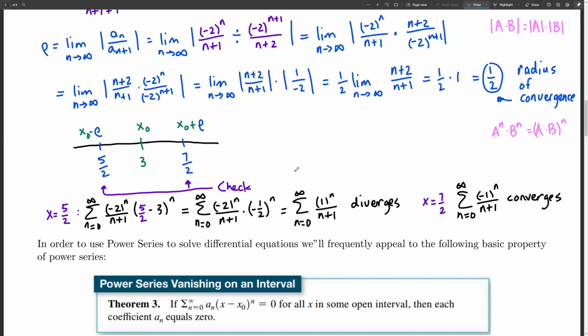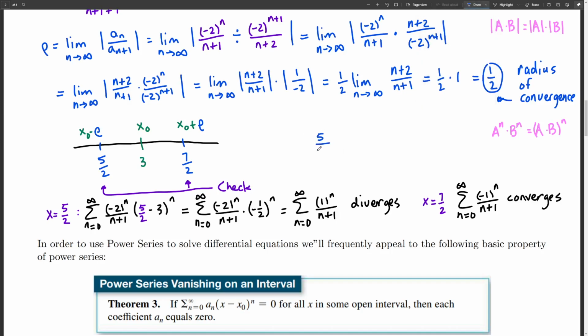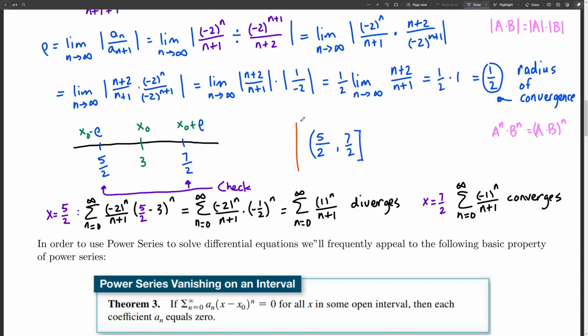And so the final answer for the interval is that the interval of convergence runs from 5 over 2 to 7 over 2. 5 over 2 is excluded because it diverges there, and 7 over 2 is included. So that is our final answer for the interval of convergence.